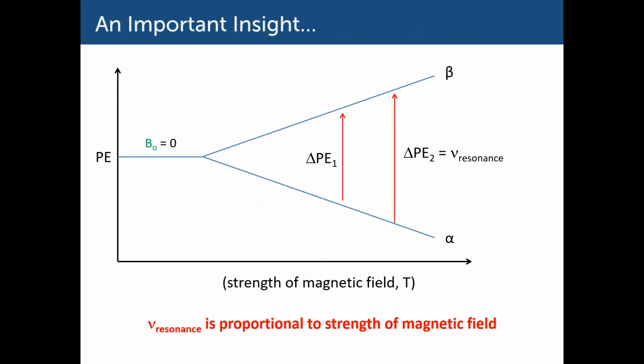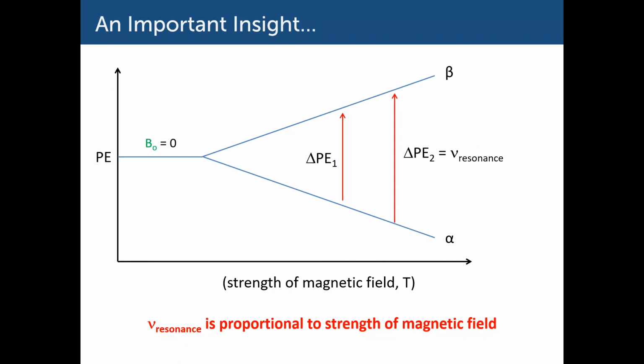So another way of thinking about that is that our resonance frequency is proportional to the strength of the magnetic field. So you can look at an example here where we're basically changing the strength of the magnetic field on the x-axis, and depending on how far to the right we are, we can see that the alpha and beta states are getting further and further apart in potential energy.